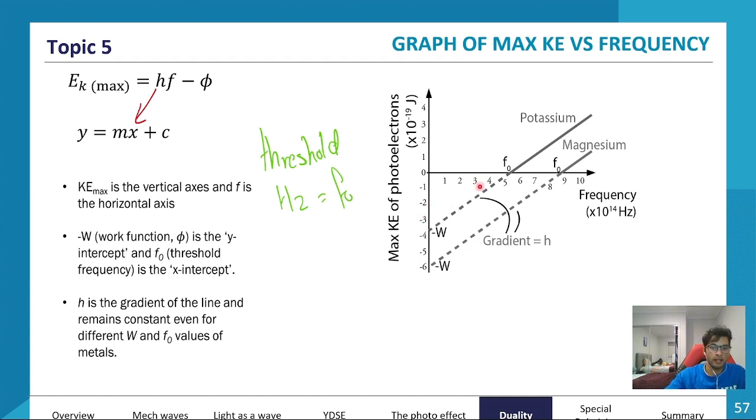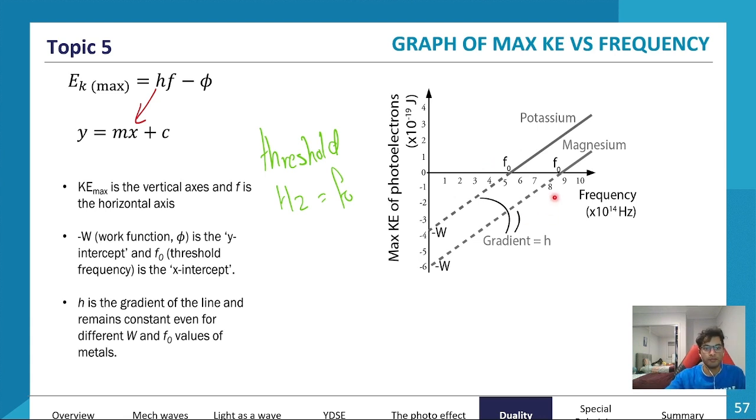But after your light has more than 5 times 10 to the 14 hertz, photoelectrons are actually going to be emitted. Because of this, the threshold frequency for potassium is 5 times 10 to the 14. So if you want to create a photocurrent, you're going to need light that has more frequency than this.